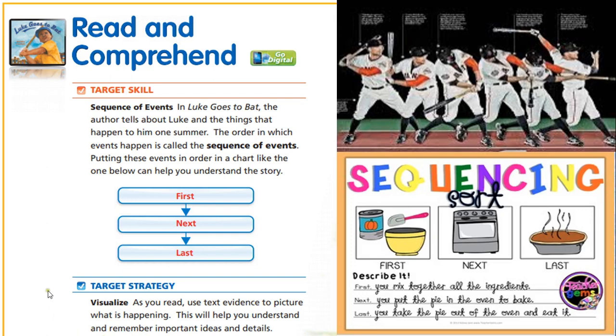Visualize means that you need to use your own eyes to look at the illustrations to understand more using pictures, because sometimes the illustrator slips some evidence and some clues in the illustrations. So, as you read, use text evidence to picture what is happening. This will help you understand and remember important ideas and details. Visualize.